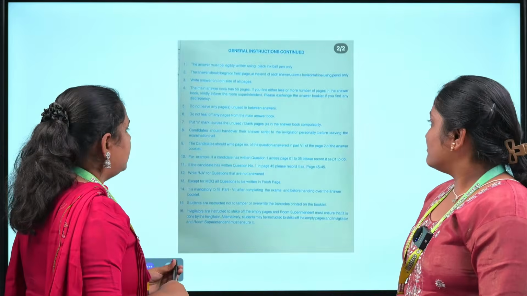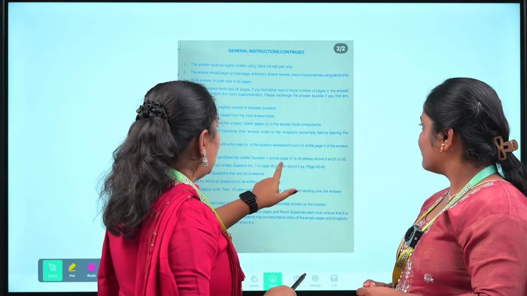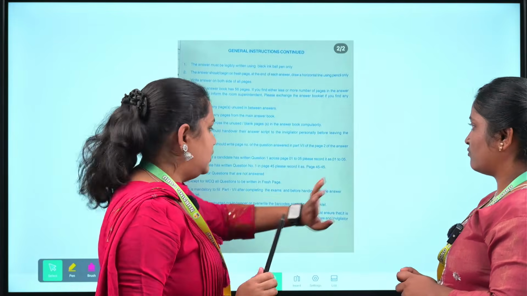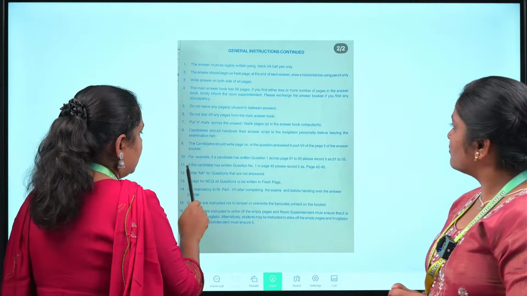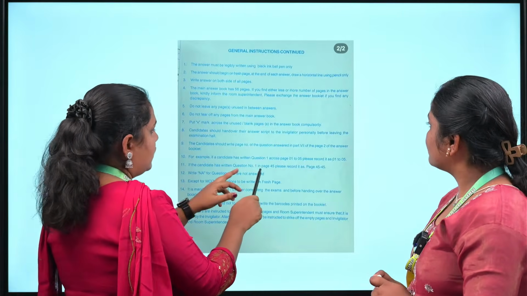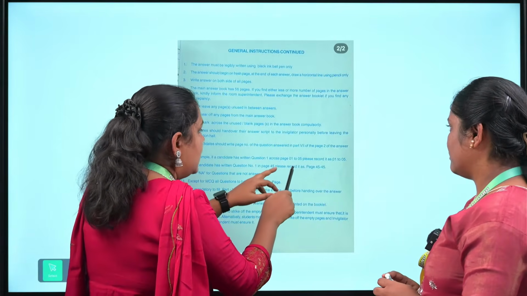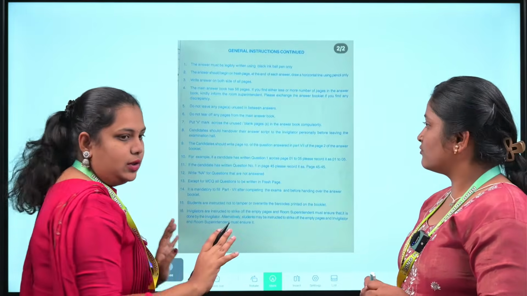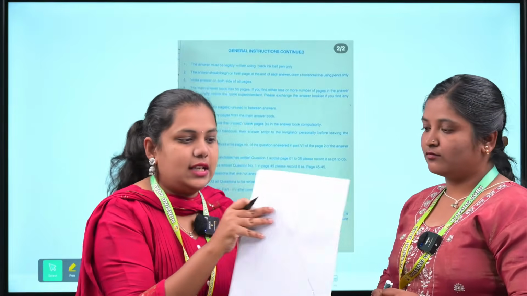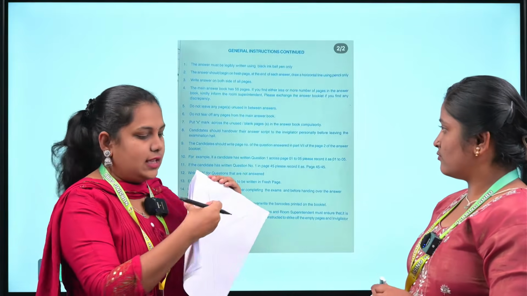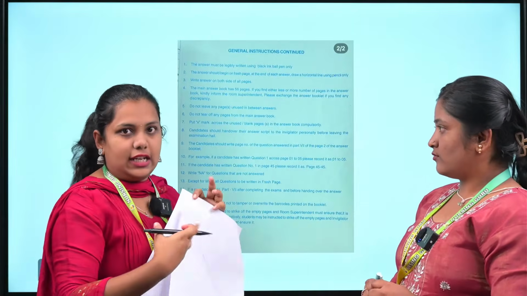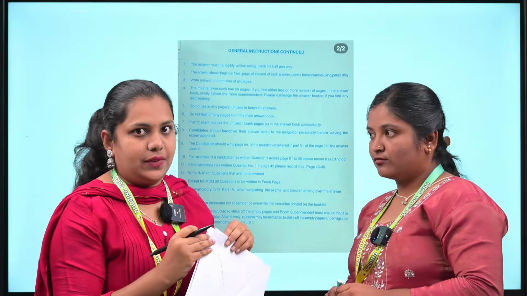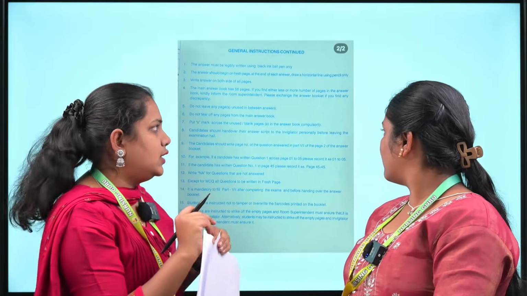For example, if a candidate has question number 1 across pages 1 to 5, please record it as 1 to 05. Next, if the candidate has written question number 1 on page 45, please record it as page 45. Students will usually get a continuous series of page numbers. But sometimes you don't know the first question's answer and start with the third question.